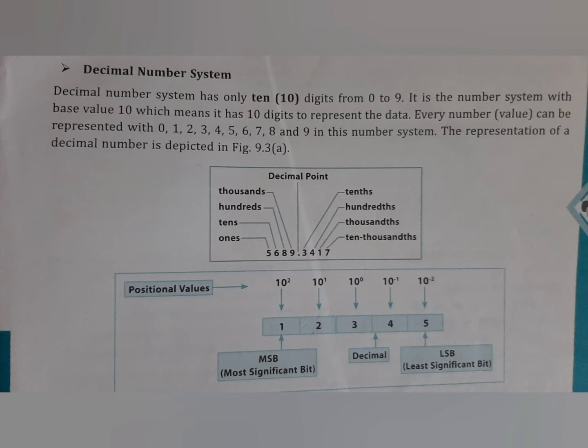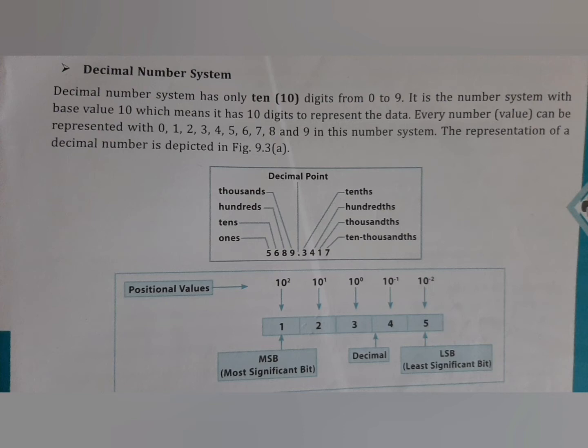If my number is 123, from right to left I can write down the powers of 10: 10 raised to 0, 10 raised to 1, 10 squared, that means ones place, tens place, hundreds place, thousands place, etc. If I'm writing 123.45, then after the point I should go from left to right: 10 raised to minus 1, 10 raised to minus 2, likewise. The leftmost bit is called the most significant bit and the rightmost bit is called the least significant bit.